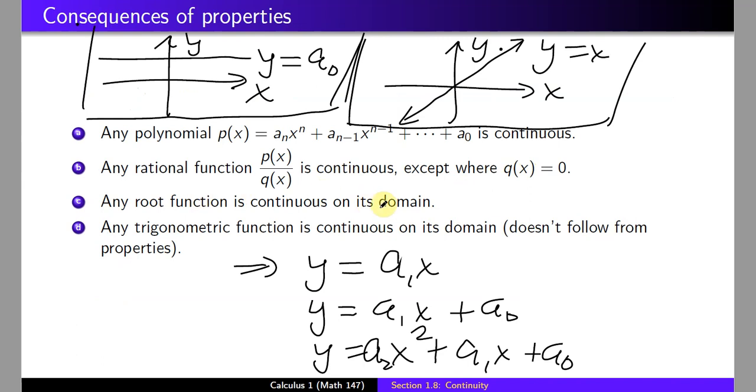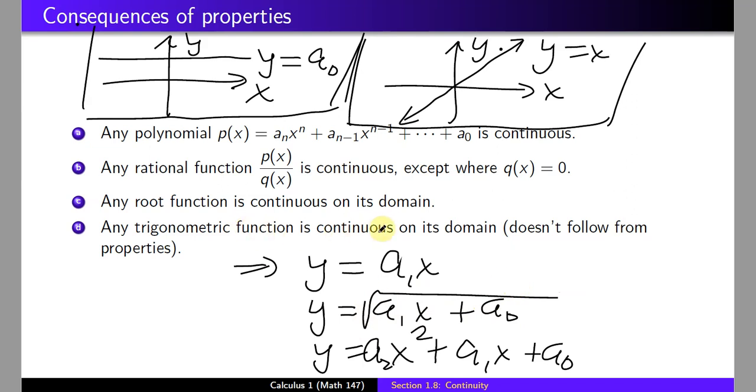Any root function is continuous on its domain. A root function is just simply taking a root of a linear function. I think that's typically what we mean by a root function. So this is a continuous function if you take a square root or some kind of a root of that, as long as it makes sense on its domain, then it's continuous as well.